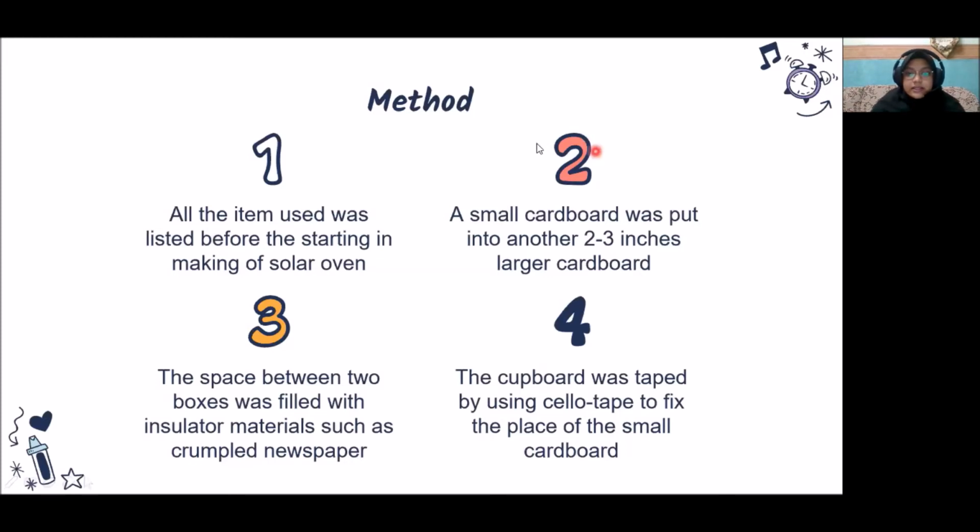The second step is that a small cardboard box was put into another 2 to 3 inch large cardboard box. The third step is that the space between the 2 boxes was filled with insulating material such as crumpled newspaper. The fourth step is that the cardboard was taped using sellotape to fix the place of the small cardboard box.